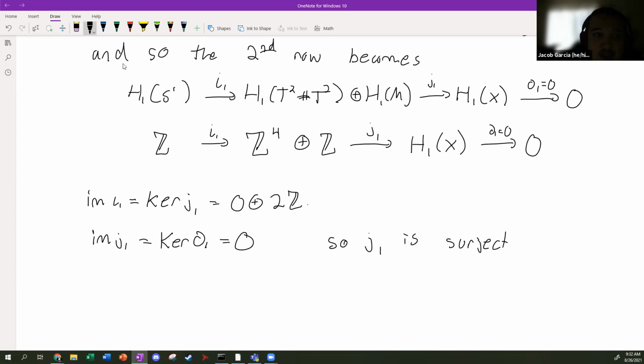No, that is not the right word. No, the image of this is not this. It's all of H1 of X, because the kernel of a zero map is the entire boundary map. So this is surjective. Sorry, my notes were wrong for that note. And this is the weirdest part of this problem.